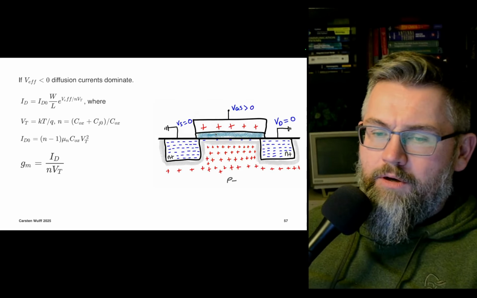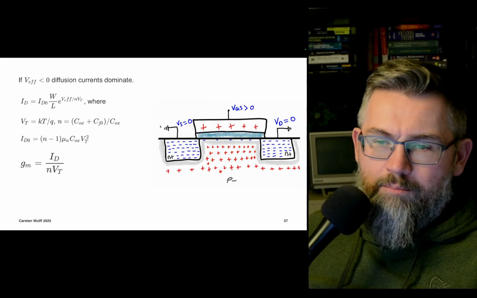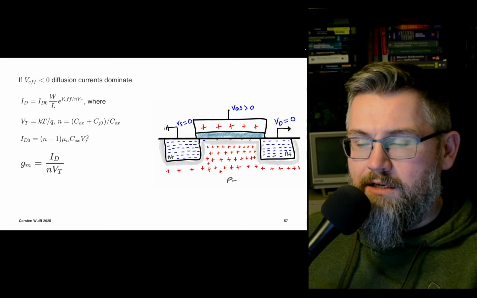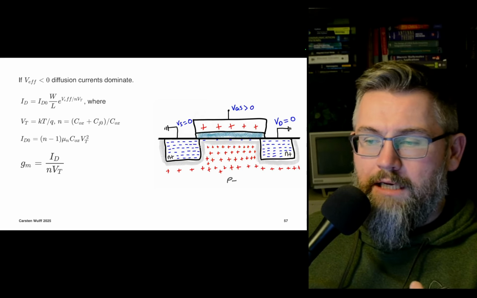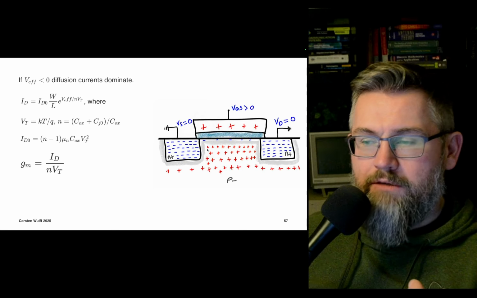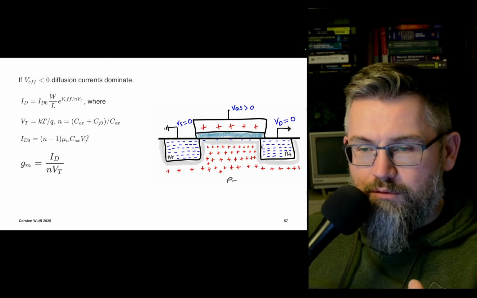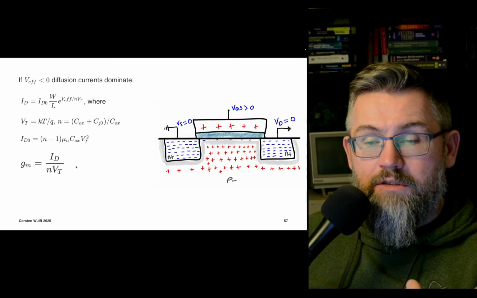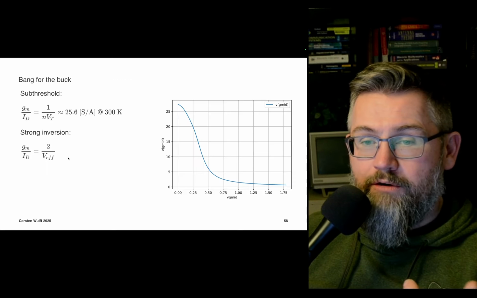Weak inversion, I guess most of this we've covered before, but as I said, here we're talking about diffusion currents, because we're injecting mostly electrons from the source if we have a high drain voltage, and then they diffuse across. But interestingly, the transconductance turns out to be slightly higher.